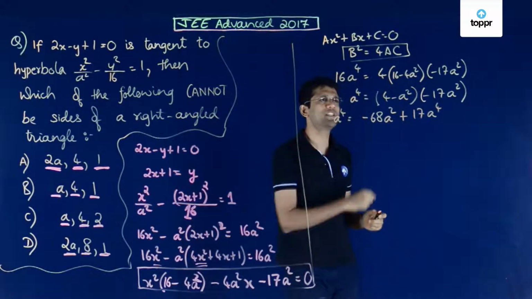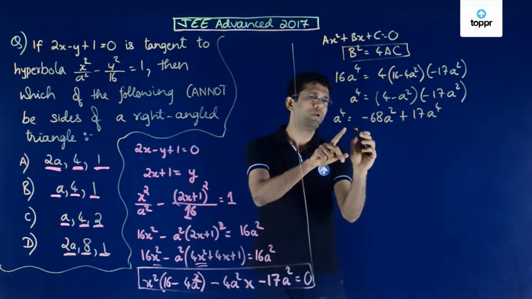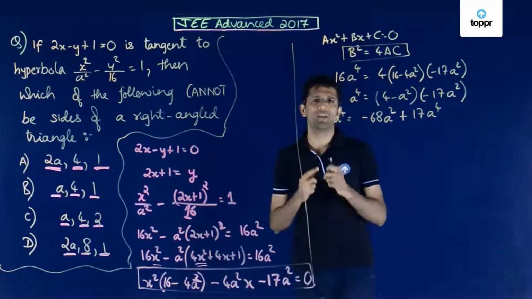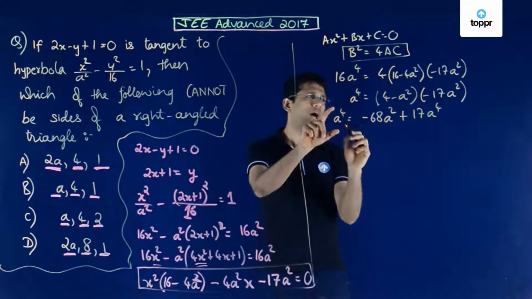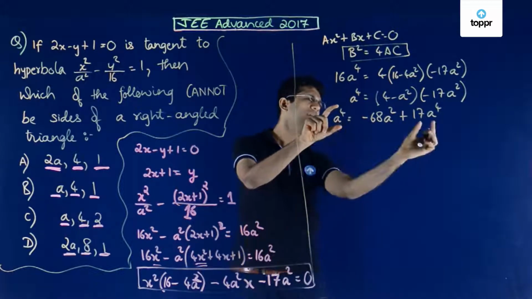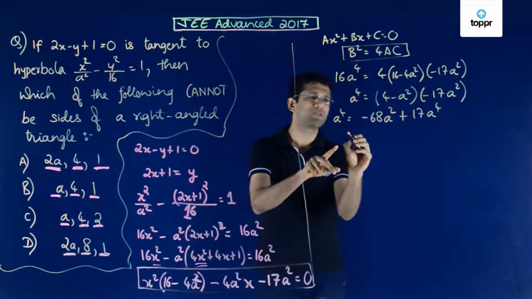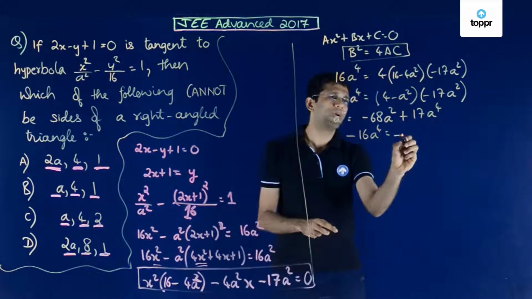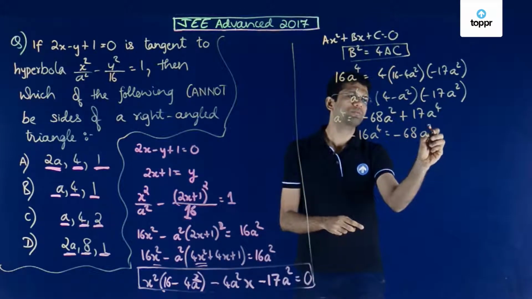Now when we rearrange this, we should get the equation. Note that firstly a square is not equal to 0 as we are assuming, then we now get a square minus 17a square becomes minus 16a to the power 4, and this will be equal to minus 68a to the power 2.